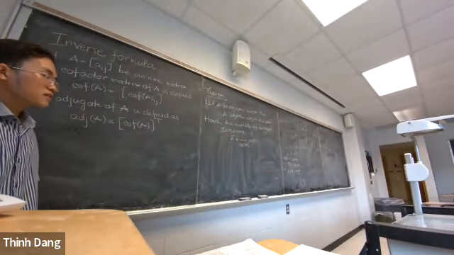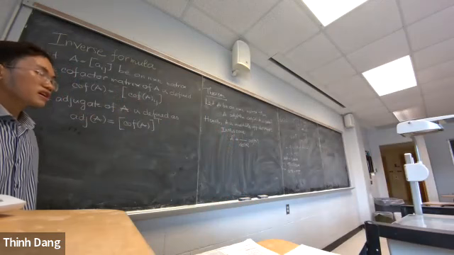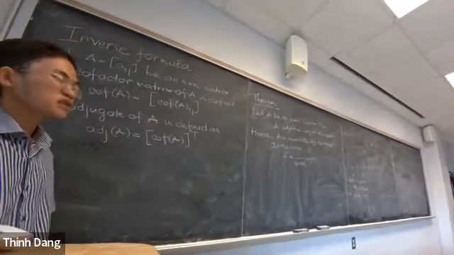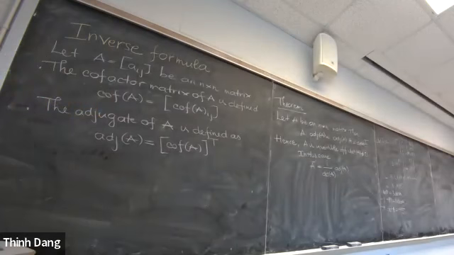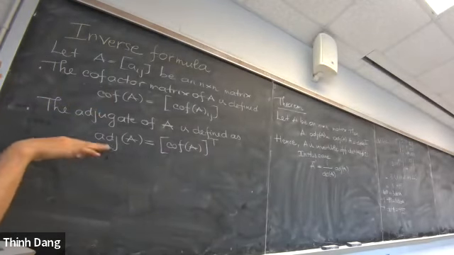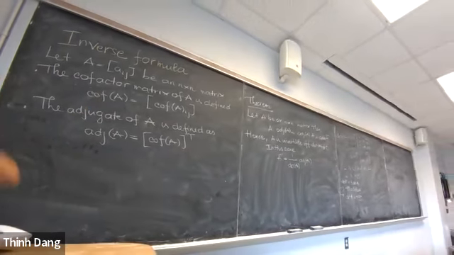Once again, the adjugate is a matrix and 1 over the determinant of A is a number, so it is a scalar multiple of a matrix. That is the main theorem of this section, which we call the inverse formula.